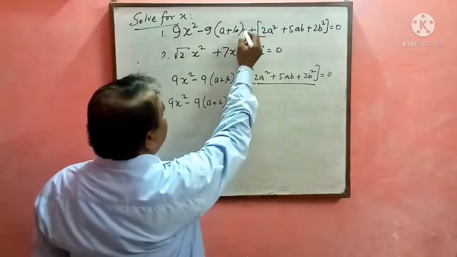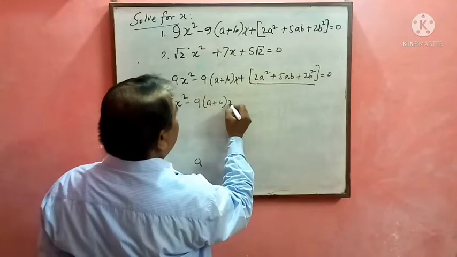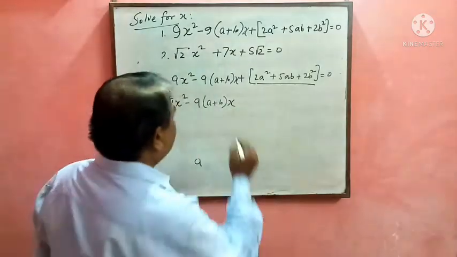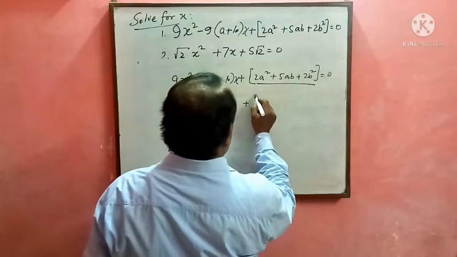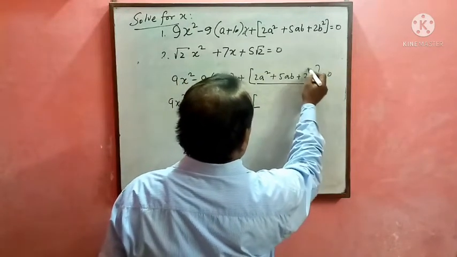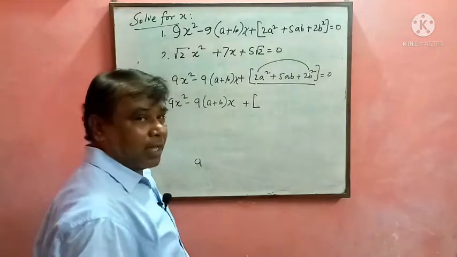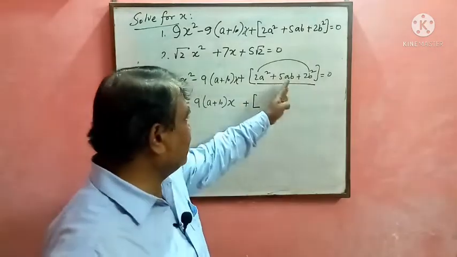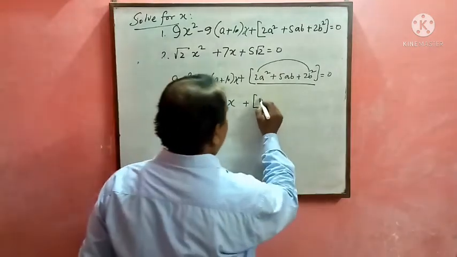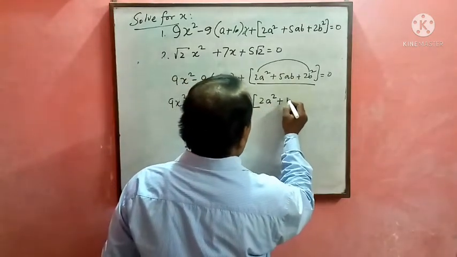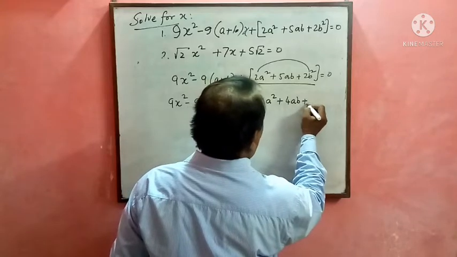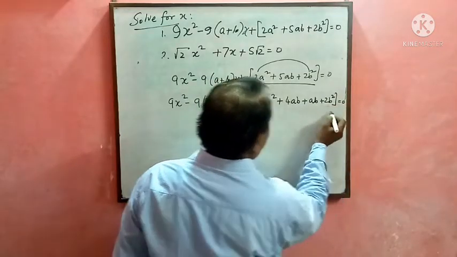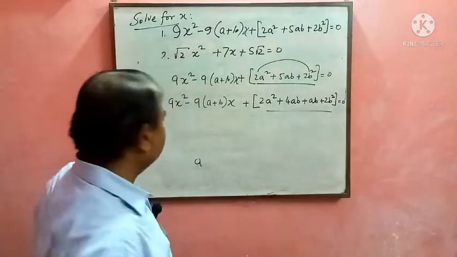Obviously this x is there, and plus, if I want to factorize this one, 2 into 4, and 4 into 1, and 4 plus 1 is 5. The middle term splitting factor: 2a square plus 4ab plus ab plus 2b square. First of all, you have to factorize this expression.